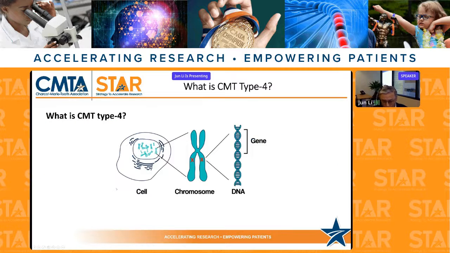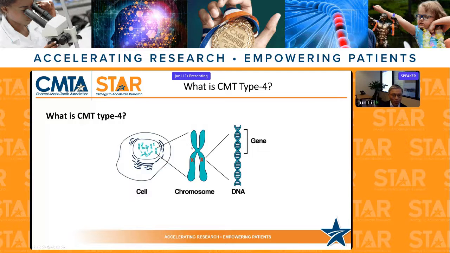I want to just briefly explain what CMT type 4 is. Here is a cell. Every cell in every human being has genetic material called chromosomes that carry the genetic information inherited from mom and dad to the next generation.